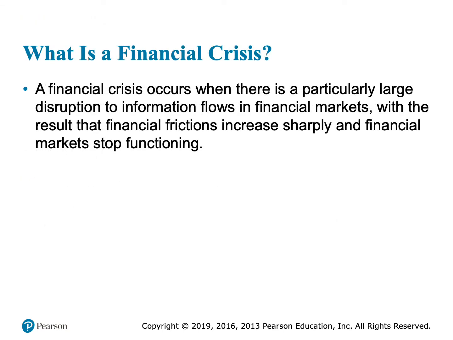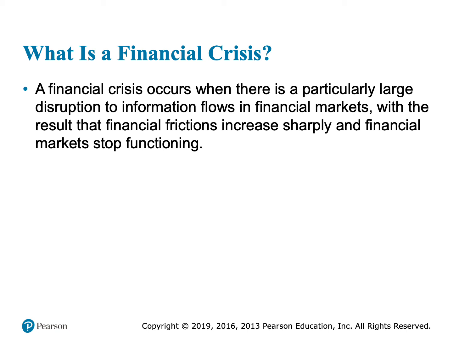Now that we've got our general concepts behind us, we can start defining what is a financial crisis. A financial crisis occurs when there is a particularly large disruption in the information flows in financial markets, with the result that financial frictions increase sharply and financial markets stop functioning.